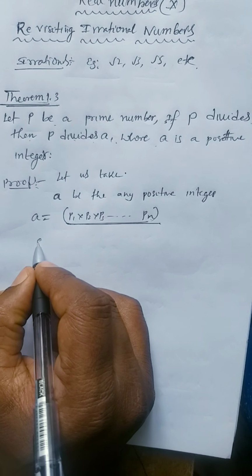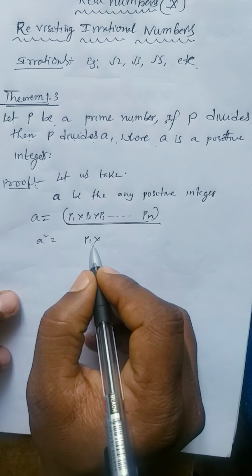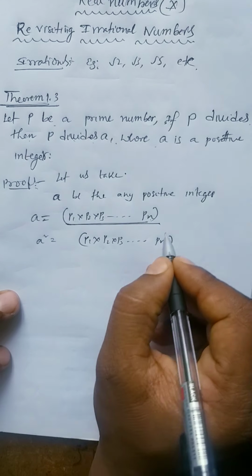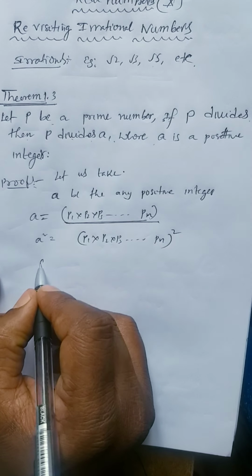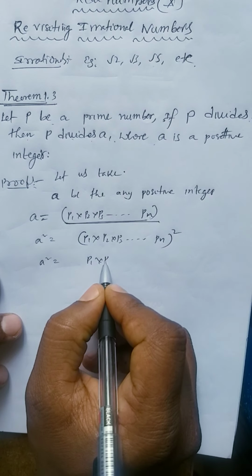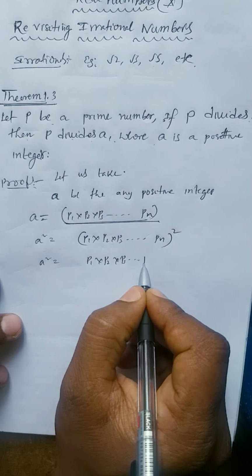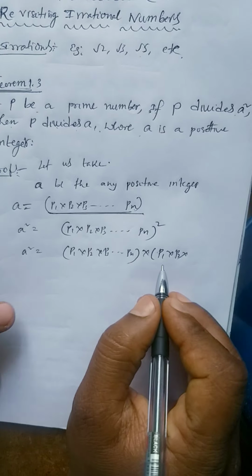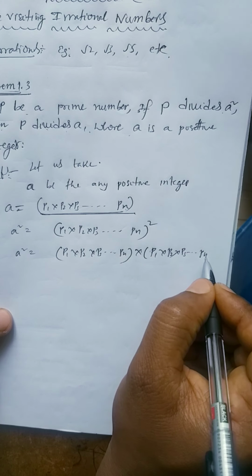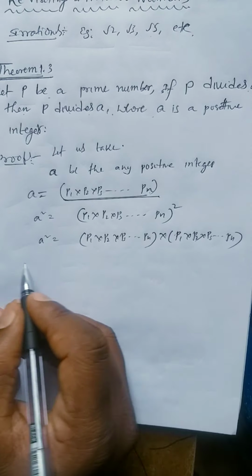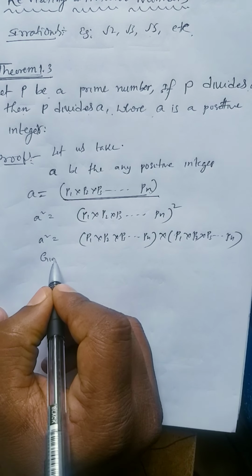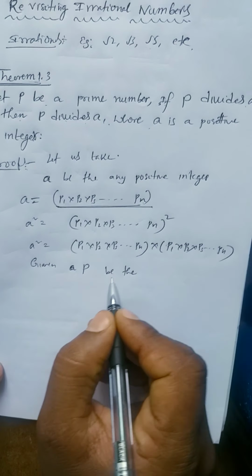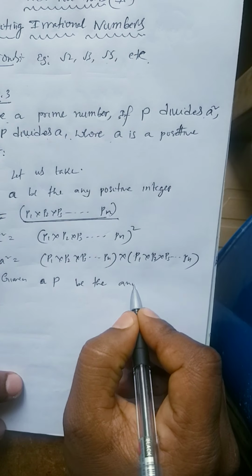Now, if you take a square, how do you get it? It is (p1 p2 p3 and so on pn) whole square. That is, a square equals p1 into p2 into p3 and so on pn, into p1 into p2 into p3 and so on pn. What is given? Given p is any prime number.